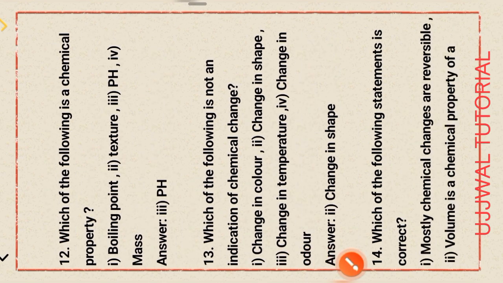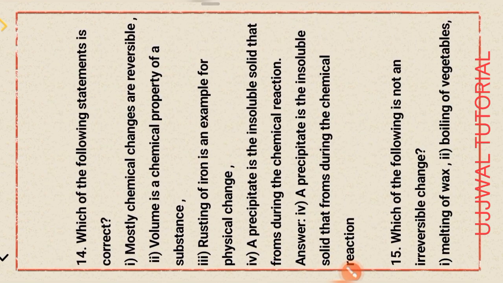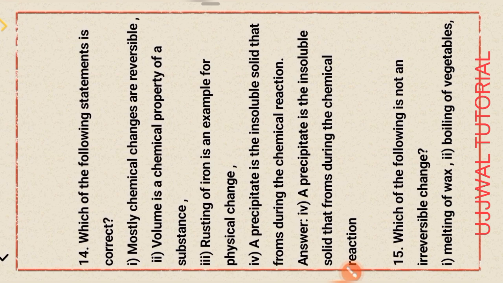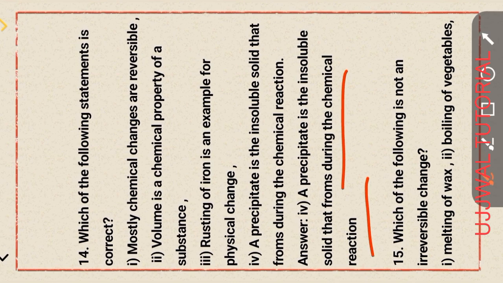Okay, question number 14. Which of the following statement is correct? That is option 4. A precipitate is the insoluble solid that forms during the chemical reaction. Option 1, 2, 3 are not correct.